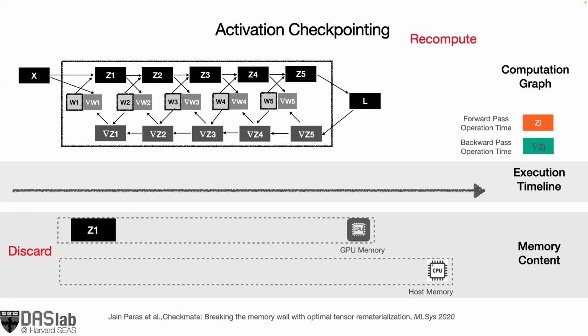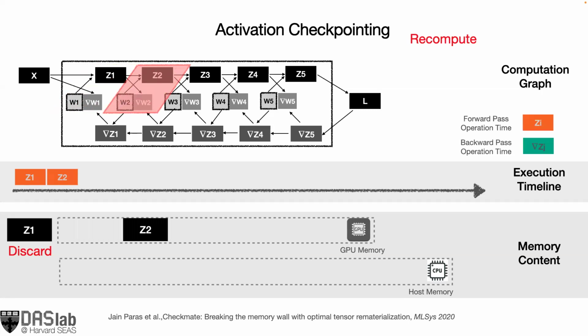So let's also have a live demo here. Now we're starting to calculate Z1, and then using Z1 we can calculate Z2. After we calculate Z2, we will no longer use Z1 in the forward path, so we can delete Z1, just remove it.